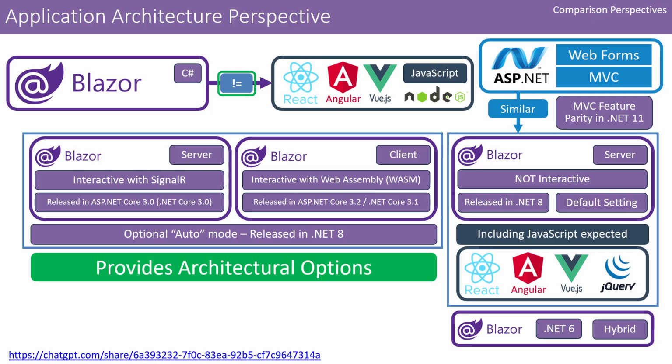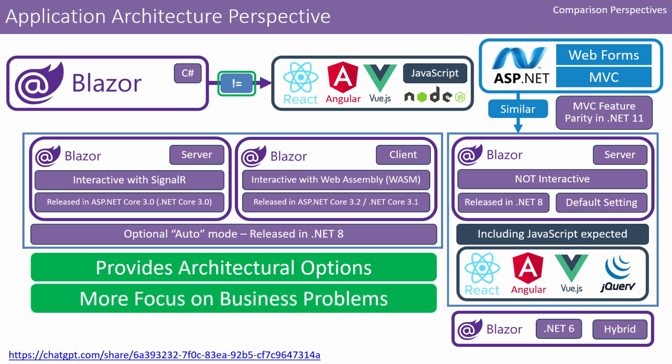So Blazor itself just simply provides more architectural options, whereas React, Angular, and Vue, in many ways, are just a front-end library. And there are other server-side architectures that you could choose over .NET. But still, if you want to stay in the .NET ecosystem and you're happy there, you could definitely leverage Blazor to keep you even more happy.